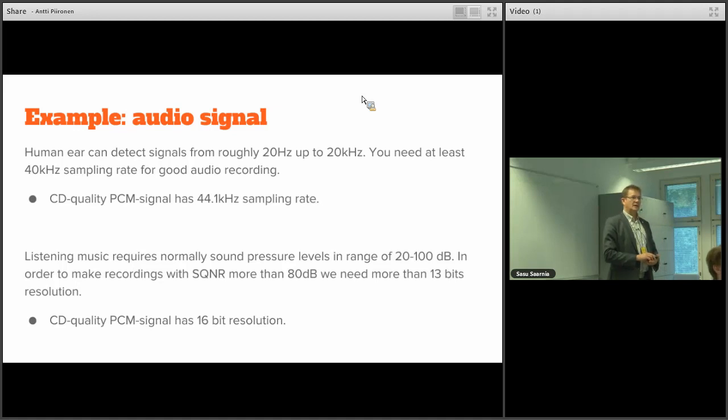Then, okay, about the dynamic range. So how many bits do you need? Basically, listening to music normally requires sound pressure levels in the range of 20 to 100 dB. Okay, not continuous, this is peak.